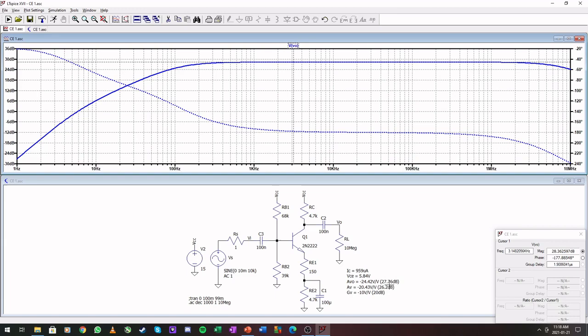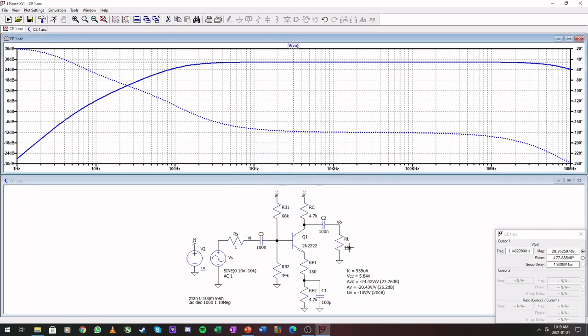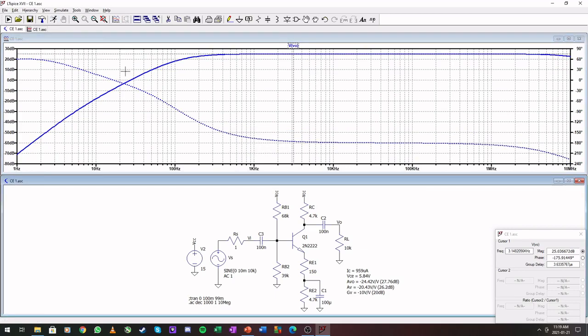That is close to the 27.7 that we have here. And then, if I remember correctly, this should be 10 kilo ohms when loaded. 26.2 decibels. So that is kind of close.